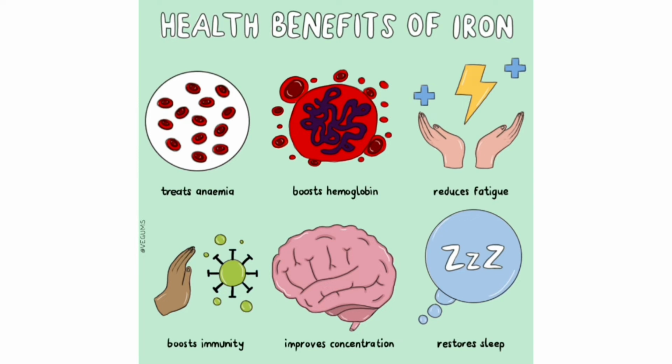The next function of iron is in the immune system. Although iron is necessary for microbial growth, it also helps to prevent infections and protects the body against damaging foreign agents. It also regulates some brain functions. Iron is essential for the synthesis of neurotransmitters and for optimal brain growth.